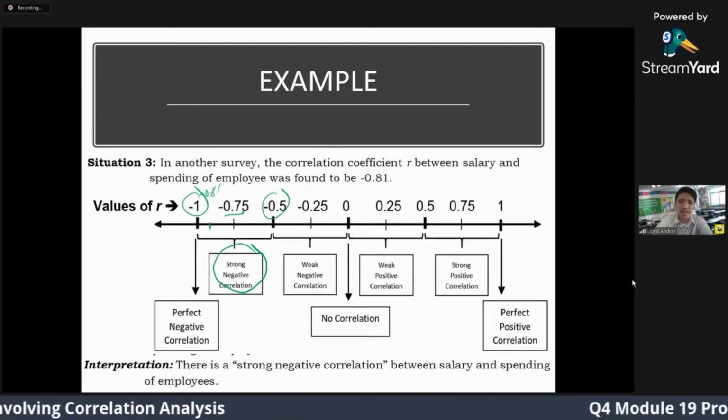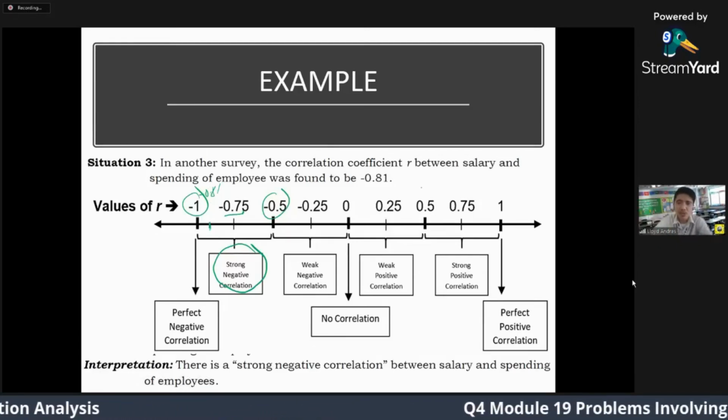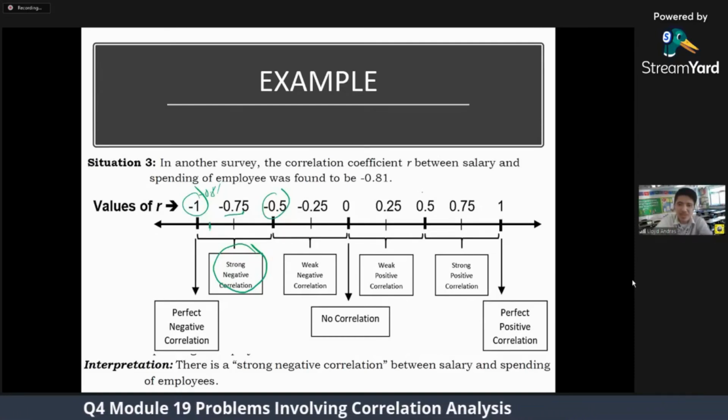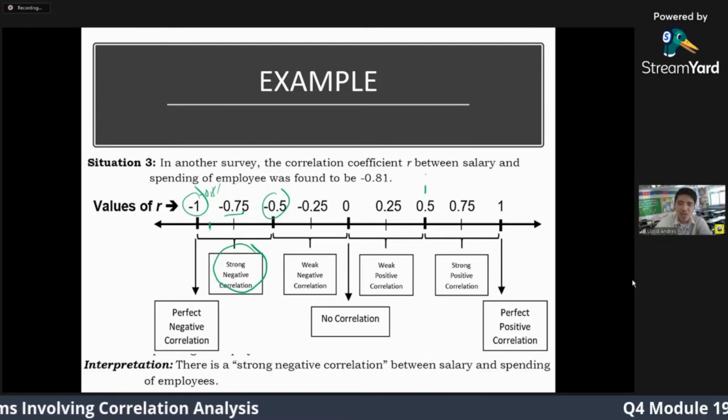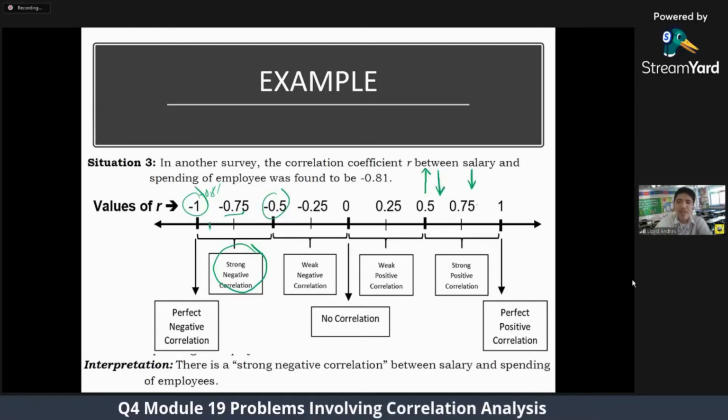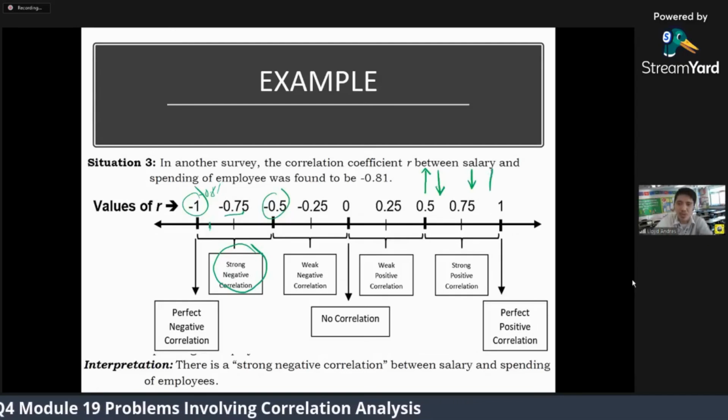Unsa may pasabot ana kung strong negative? Strong ang ilang relationship but negative. When you say negative, ang problema ani nga mga salaries, ang mga employees siguro, kay katong dako og sweldo, mao pa tong gamay ang ginagasto. Pero katong gamay og sweldo, mao pa tong dako ang ginagasto.